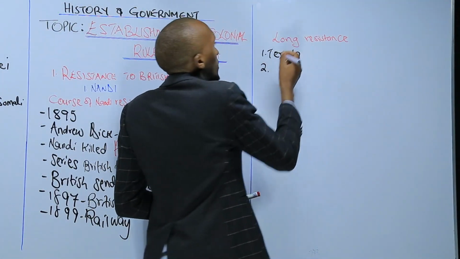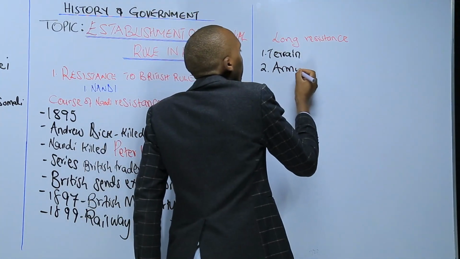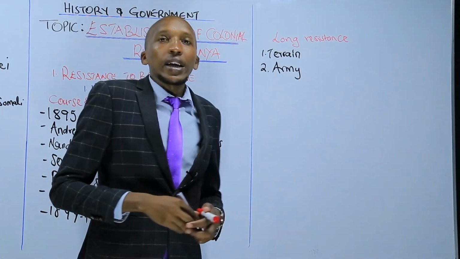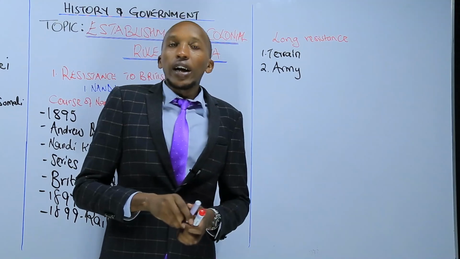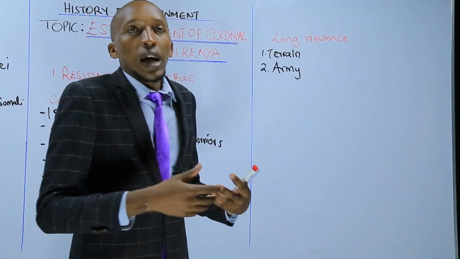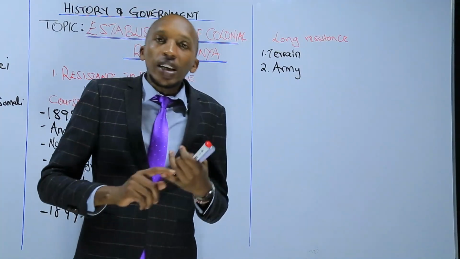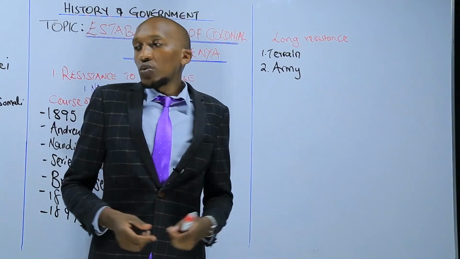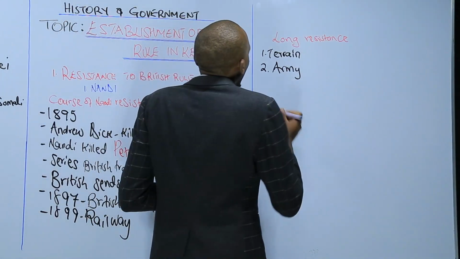Another reason why they put up a long resistance was their army. They had a very large army that was provided by the age-set system. Every time they had initiation, they recruited new army members, and the army was very disciplined, just like that of the British. They were very disciplined and well trained because they took a lot of time, and also they had a constant supply of food.